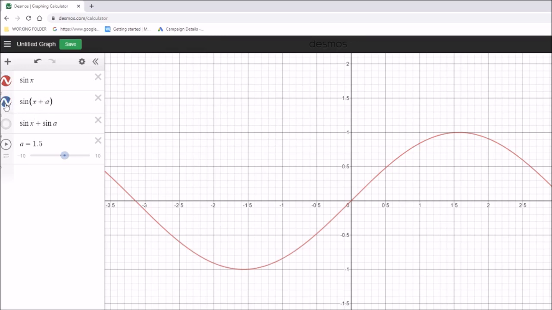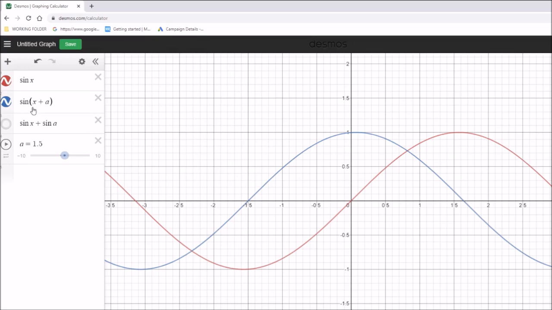So if we click on this here, we'll give the option of adjusting the value of a. Now we know from what we've done with manipulating functions that if we had f of x plus a, well, plus a would be equivalent to taking the function and shifting it to the left, and minus a would shift the function to the right.